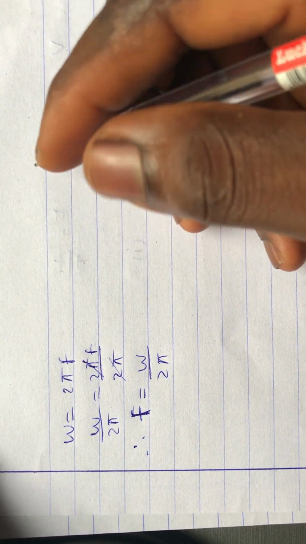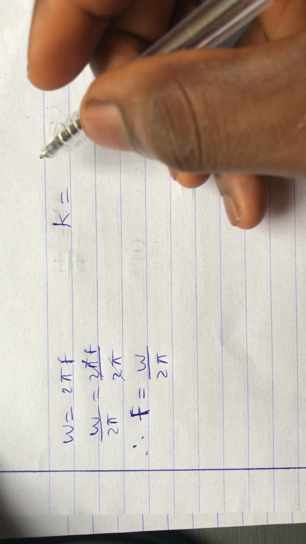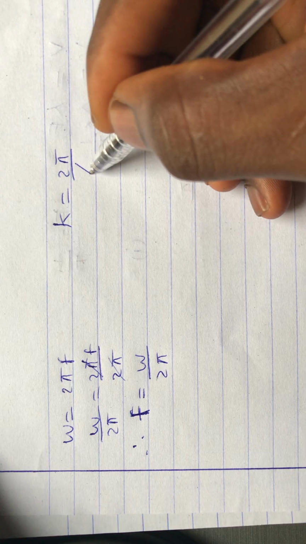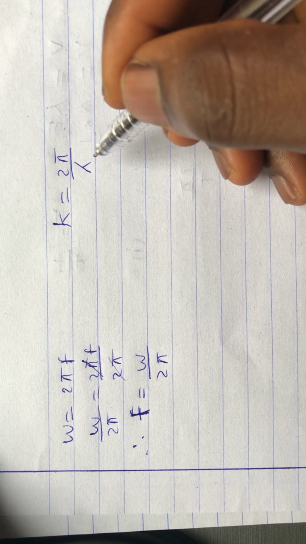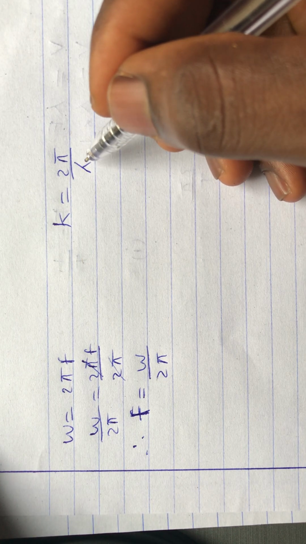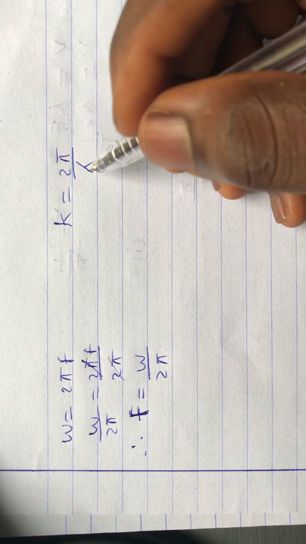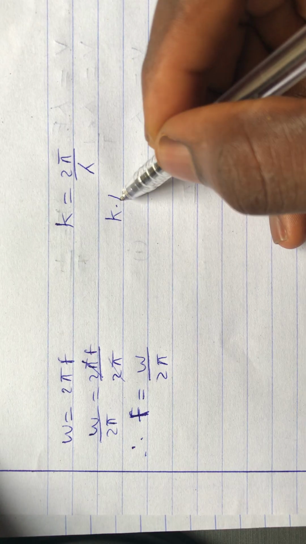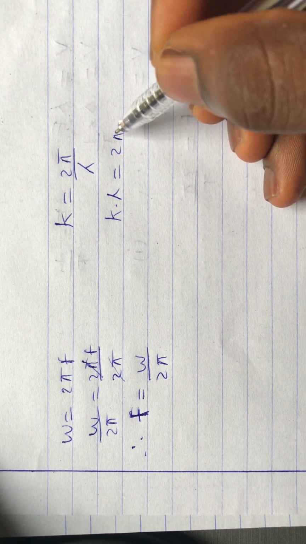Also, I told you guys that our K is equal to 2 pi all over lambda. Let us make lambda the subject of the formula. We simply cross and multiply. If you cross and multiply, you're going to have K times lambda equals 2 pi.